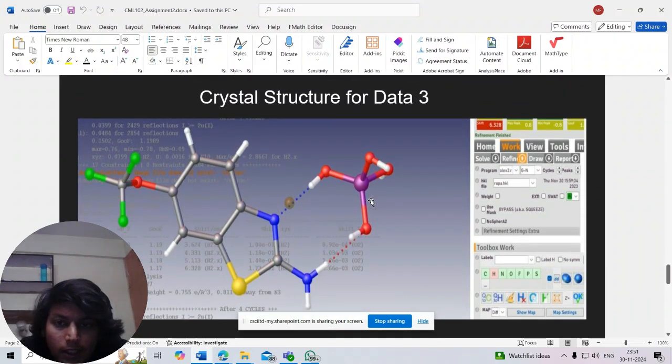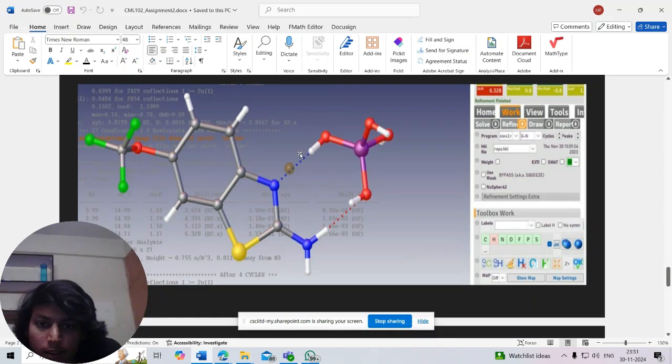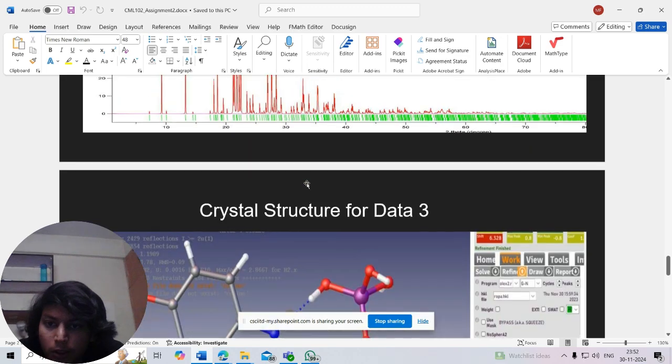So for data 3 we get something like this. We identify this phenyl ring, the five-membered ring, then there's sulfur, there is nitrogen, then there are groups attached to this. This orthophosphoric acid is attached to this riluzole. This is similar to what we got here.